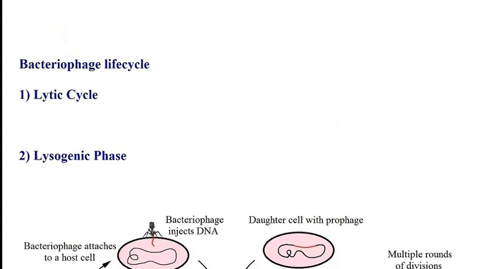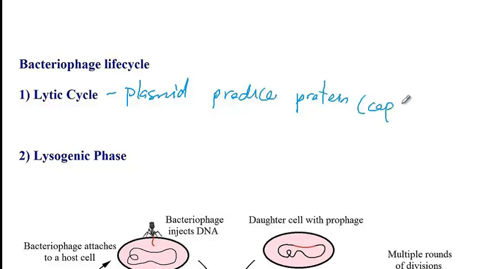And so let me write the description here for you. So during the lytic phase, the bacteriophage plasmid will produce proteins like, for instance, the capsids, and also new DNA.